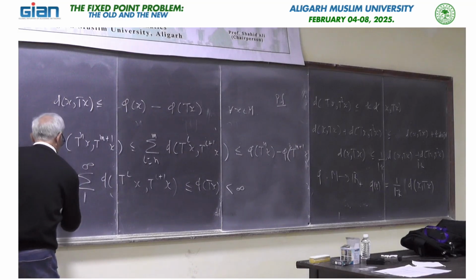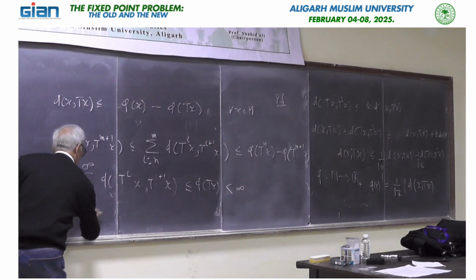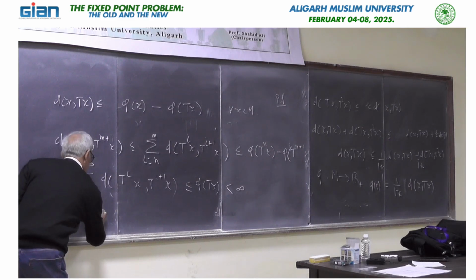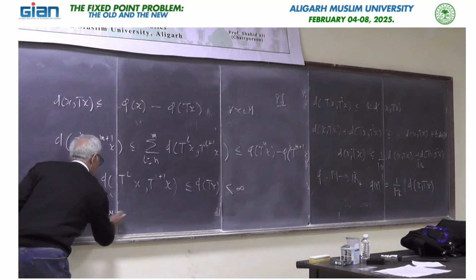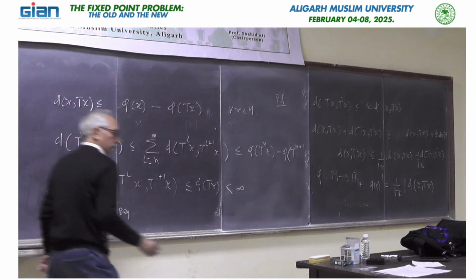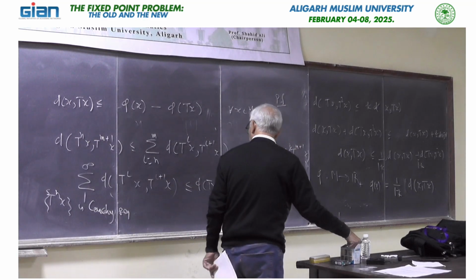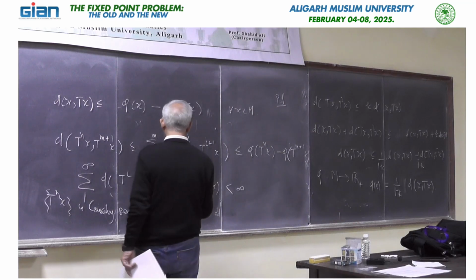I mean, what do you mean by that? T^n x is a Cauchy sequence. Anything being a Cauchy sequence means what?